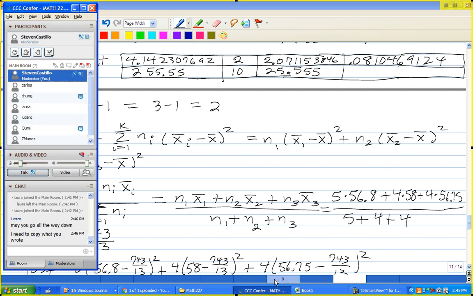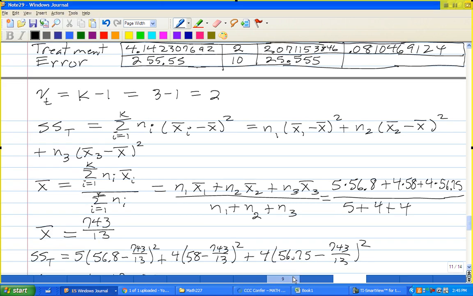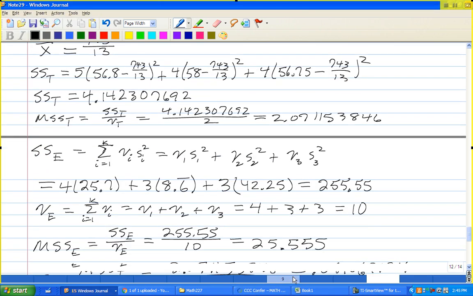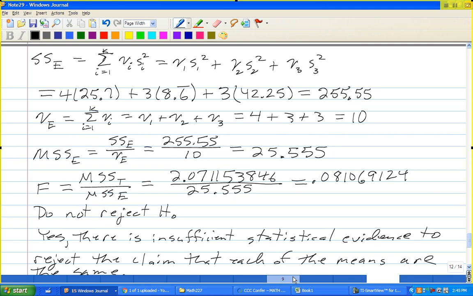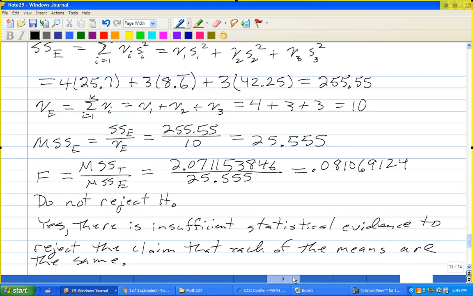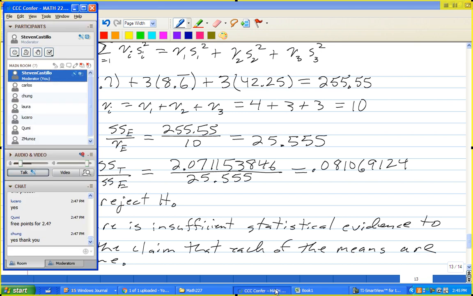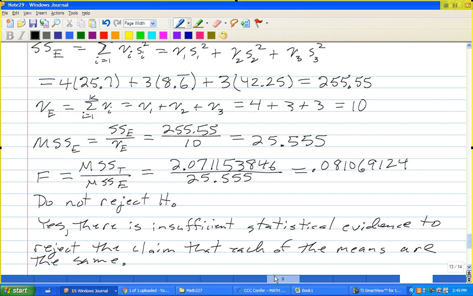Copy what you wrote. Scroll way down. Like to here. Like to there. How's that? Let me just check. Yes. Okay. No free points for 2.4, but they'll be virtually free points for 2.5, just like it was free points for the other ones.